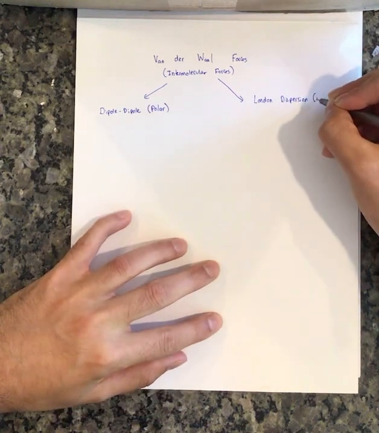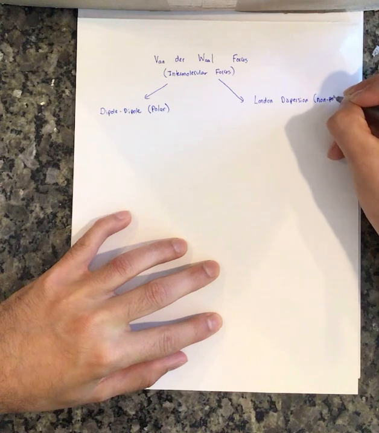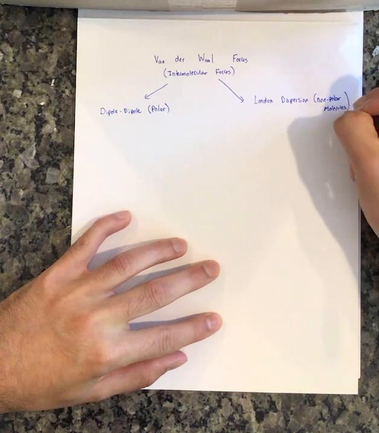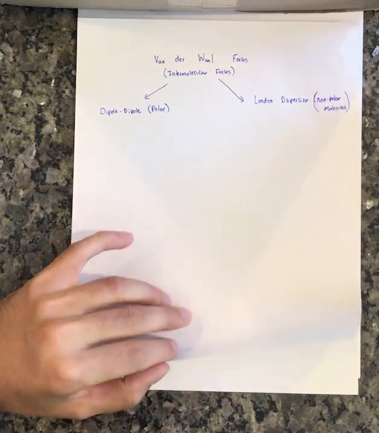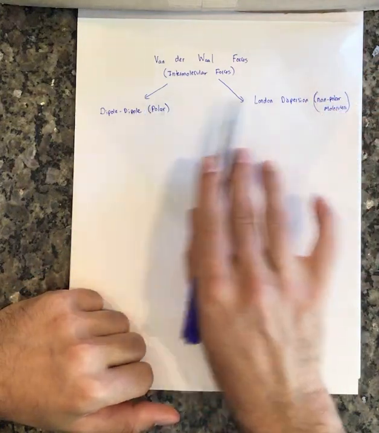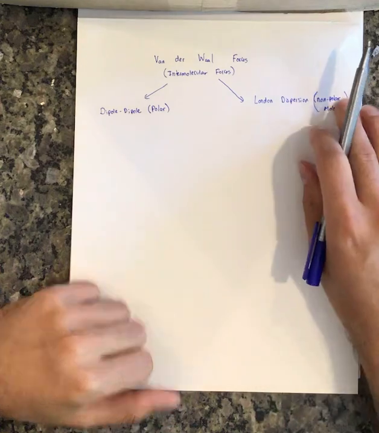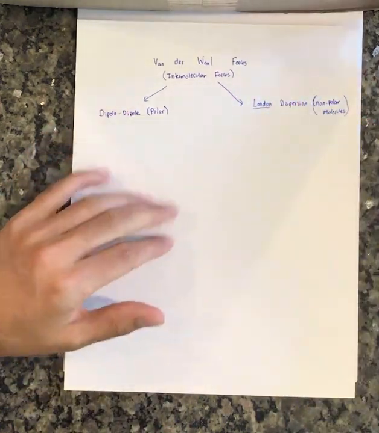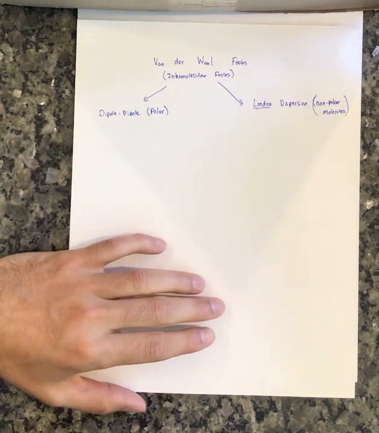This happens with non-polar molecules. So these are the two types: polar, dipole-dipole; non-polar, London dispersion. Once again, it's called London because it's named after the gentleman that came up with that.